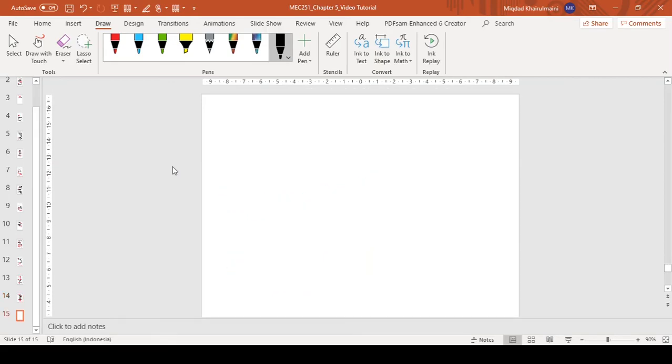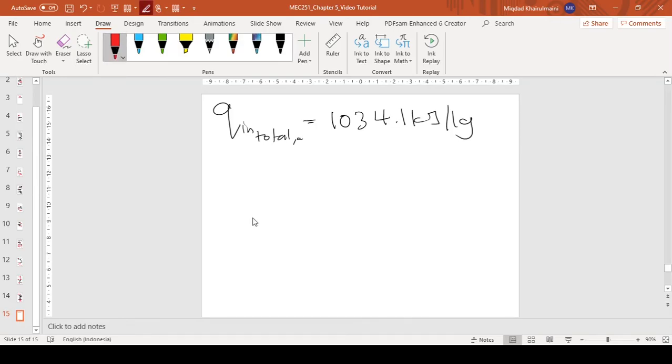So Q in total here, once we have added up both of the heats, we can get 1334.1 kilojoules per kg.